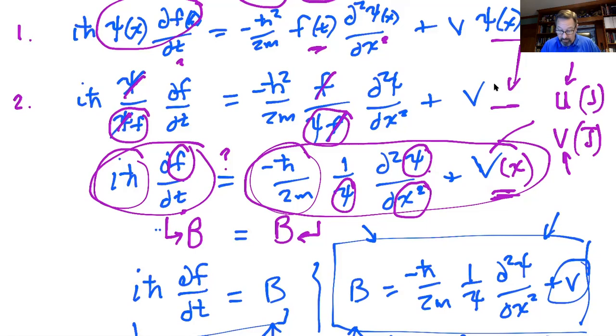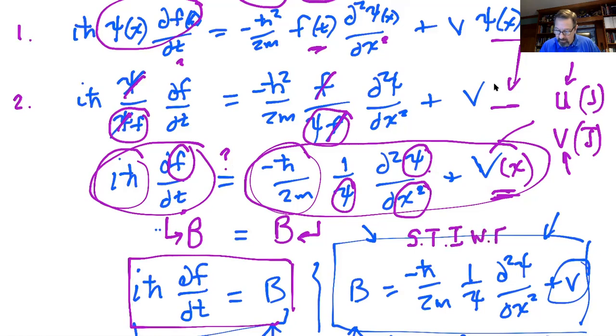So at that point, I'm going to look at the left-hand side here, and that's something I can solve for you. And the right-hand side, we're going to call the Schrodinger time independent wave equation. It's a simpler version of Schrodinger's wave equation because we've completely eliminated time from it.